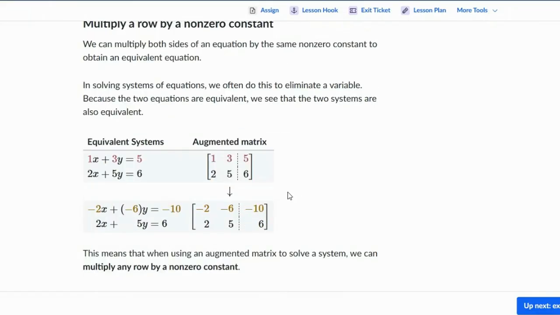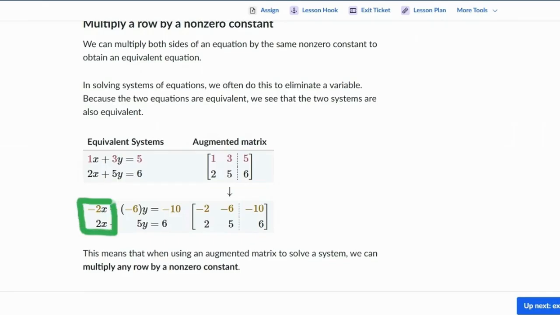How about this? Remember, sometimes when we solve this by elimination, it's like, okay, I want to get rid of the x. So I'm going to multiply this by negative 2. So I'll have a negative 2x and a positive 2x. See, when I add them together, it'll go away.